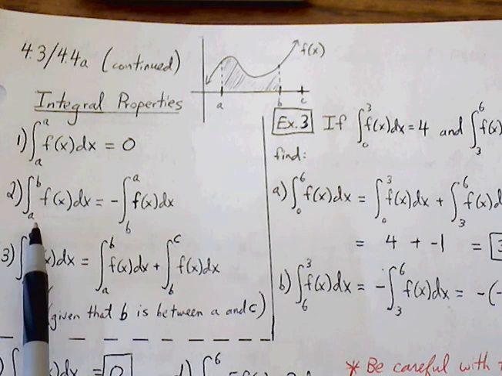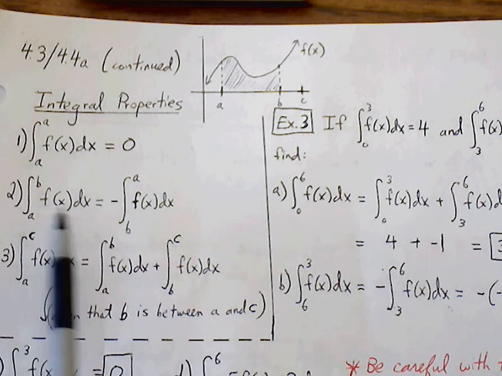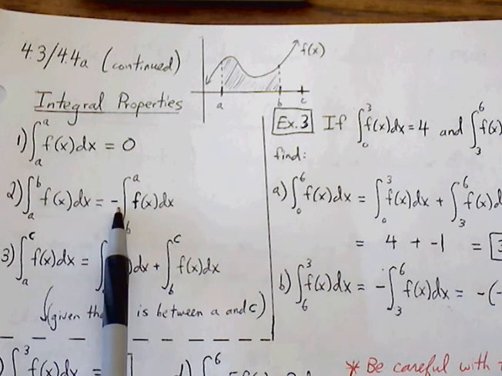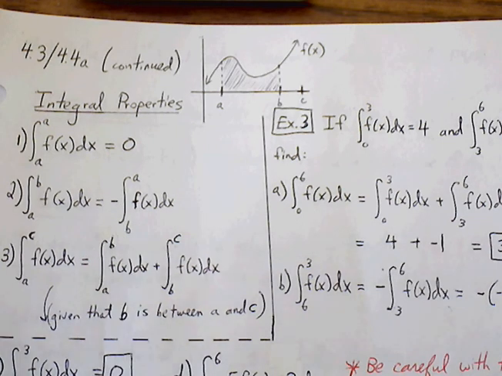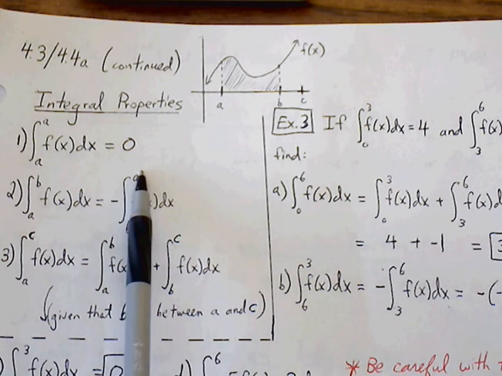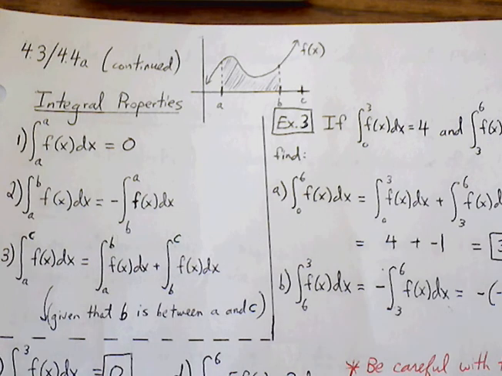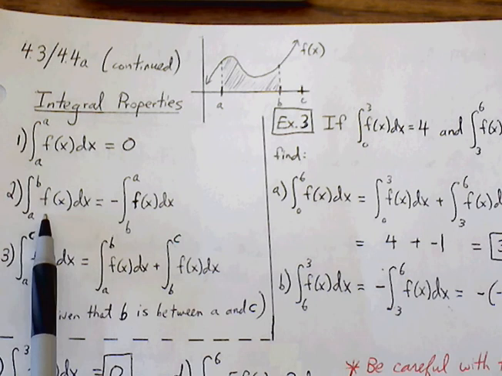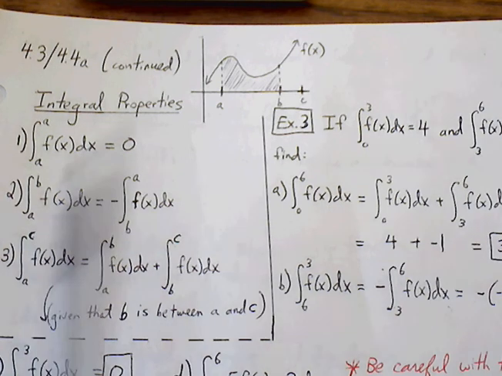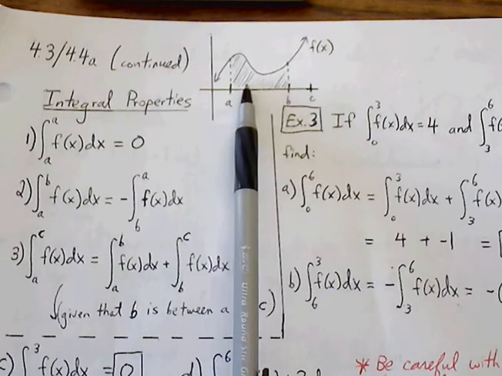Okay, the definite integral of f of x from a to b is equal to the opposite of the definite integral from b to a of f of x dx. So what that's saying is, let's say the definite integral of f of x from a to b produces a specific value.